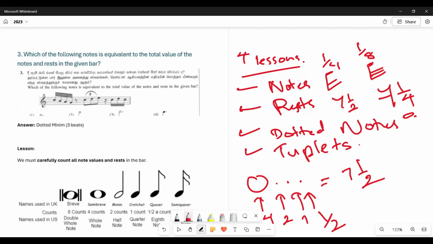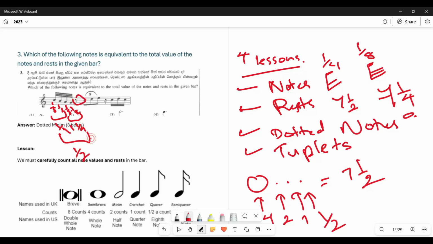So the first one would be 1/8 account, 1/8, 1/8, 1/8, 1/8, 1/8, 1/8, 1/8. These two would be 1/4 plus 1/4. Then this would be half.